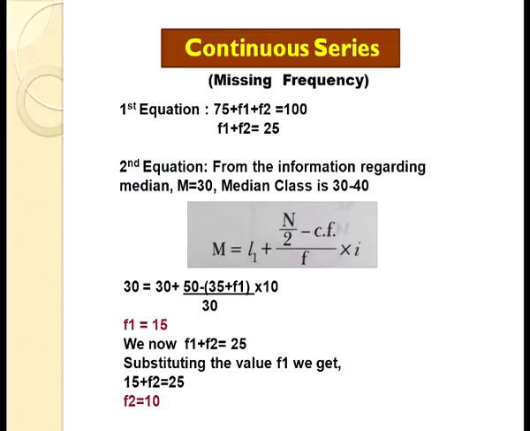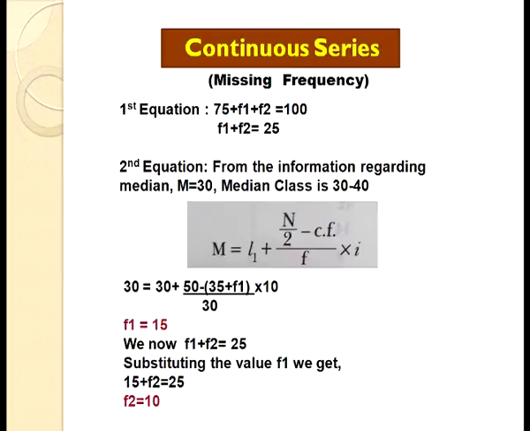So, it comes to 30 plus n by 2, that is 100 divided by 2, the 50th item, minus Cf. In the question you can see that for this particular class, the previous cumulative frequency is 35 plus F1. Then the frequency for the class is 30 into 10, where 10 is the class interval gap. So, when we solve, we get F1 as 15.